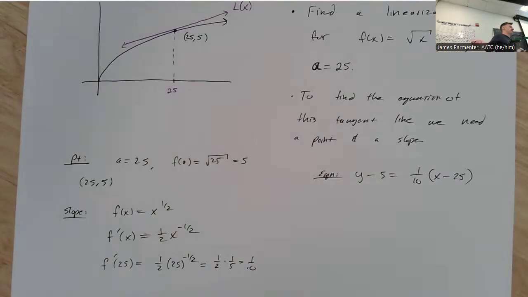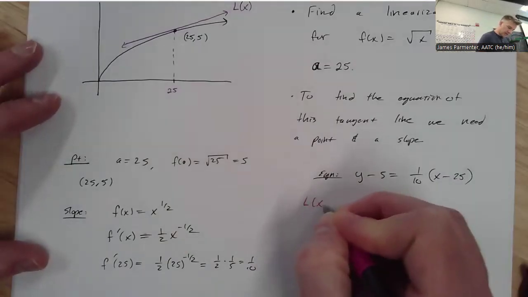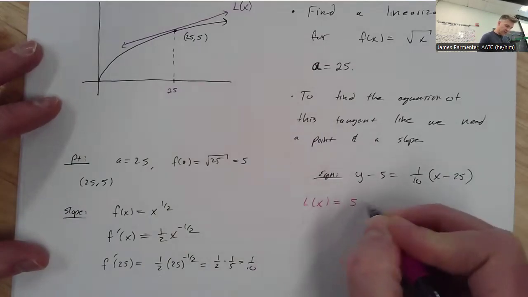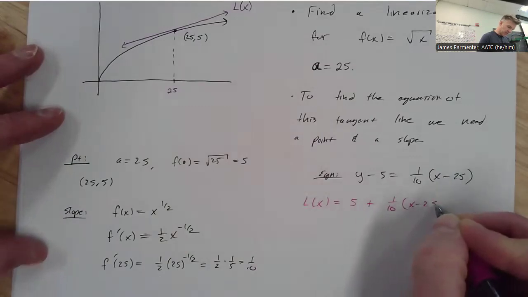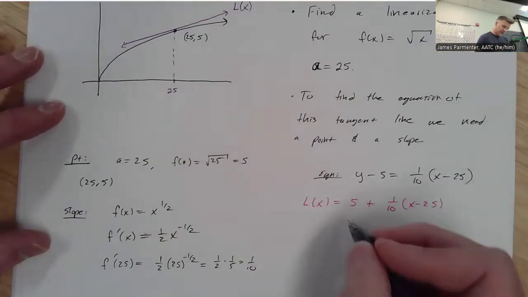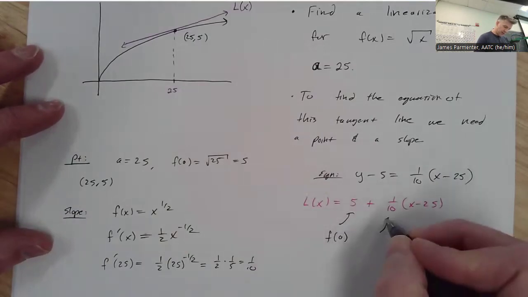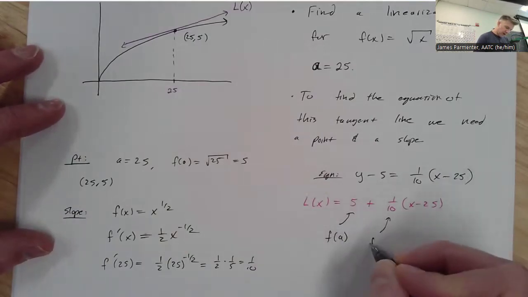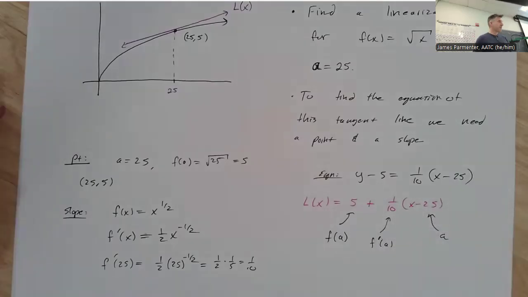It shouldn't matter, but it does. So instead we're going to write L of x equals 5 plus 1/10 times x minus 25. Where this 5 is your f of a, this 1/10 is your f prime of a, and this 25 is your a.